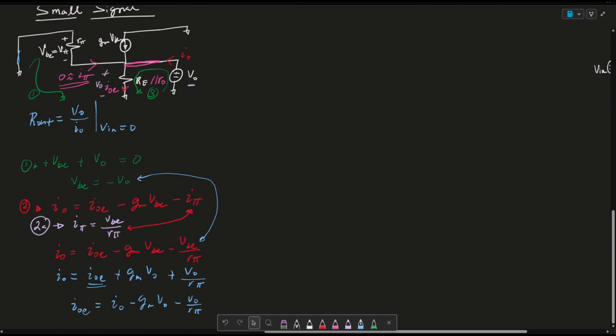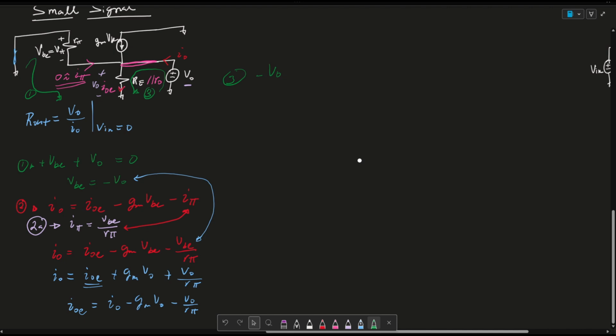There we go. So equation 3 tells us that minus VO plus RE in parallel with RO times IOE is equal to 0.